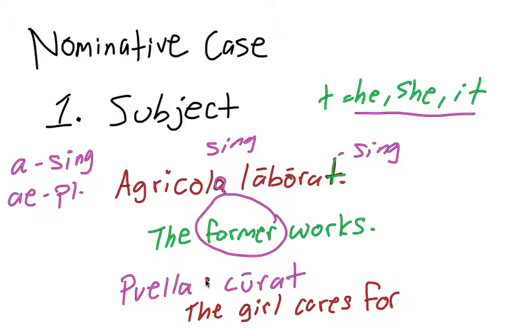Okay, so puella is our subject, puella is nominative, and curat's our verb. Curat means he, she, or it cares for, but since we have a word that's nominative, we replace the he, she, or it with the subject, which is the girl. Okay, so those are two singular examples. So agricola is singular and puella is singular.